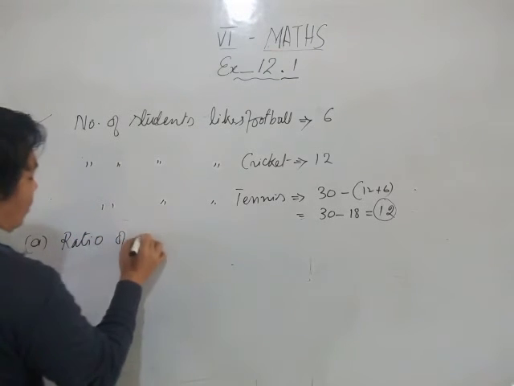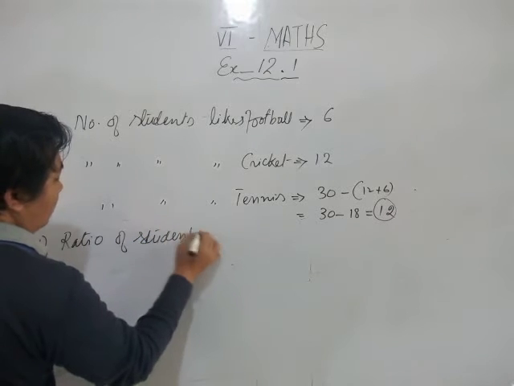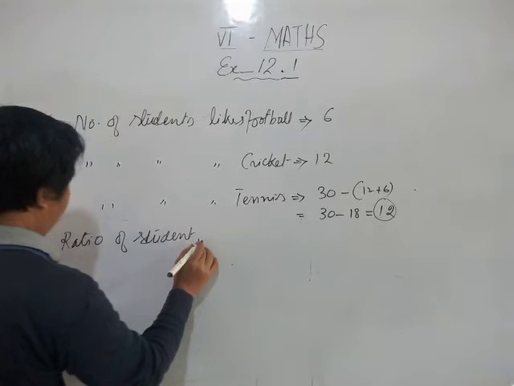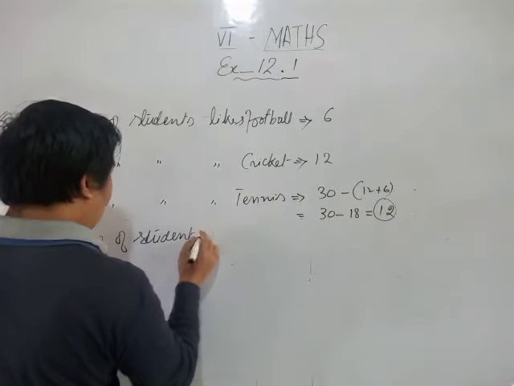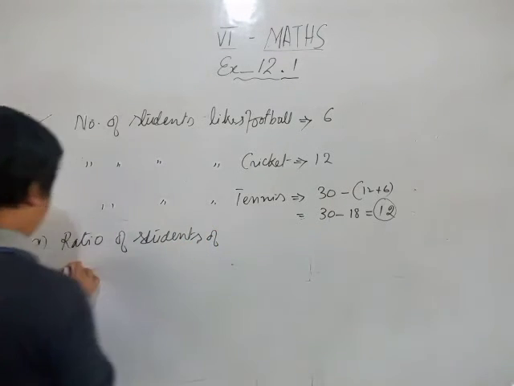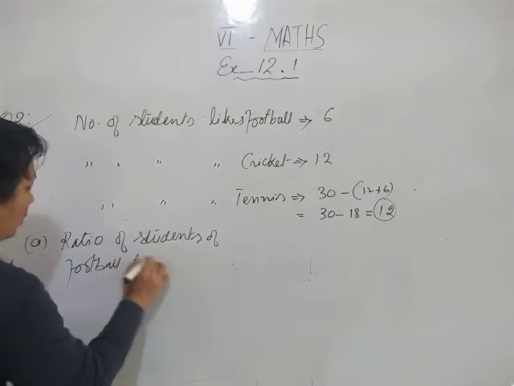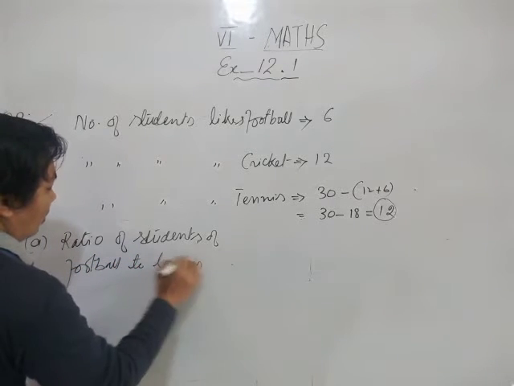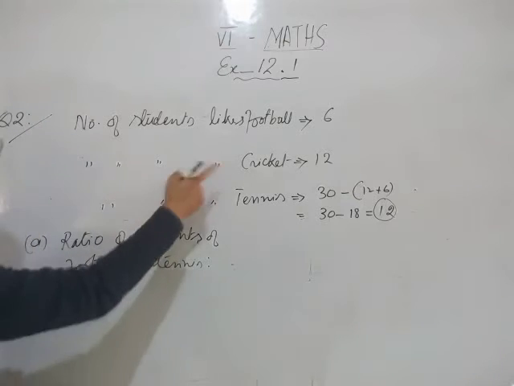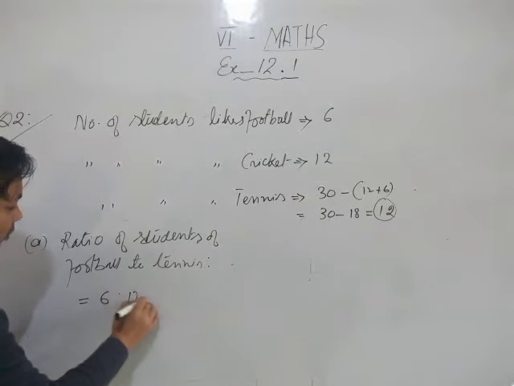So the ratio of students who like football to tennis. Football, how many are there? 6. That is equal to 6 is to 12.